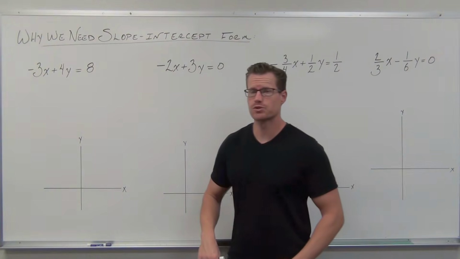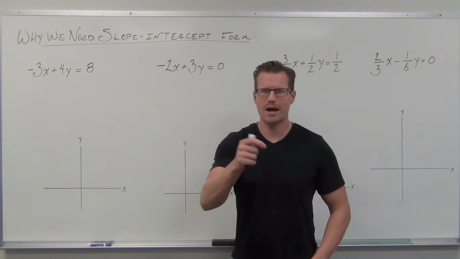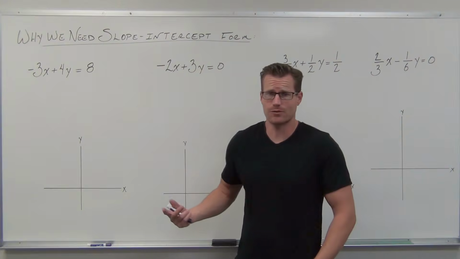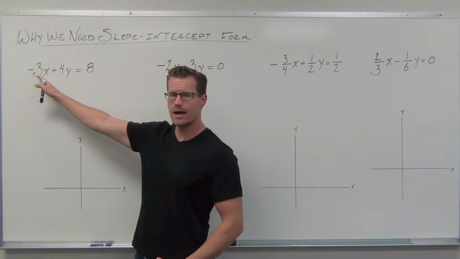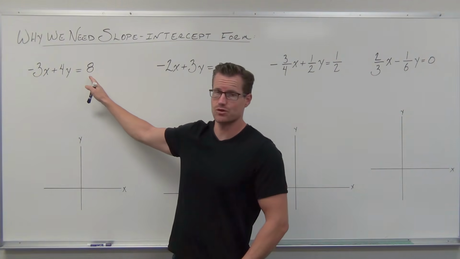So let's look at the very first one. Could you graph that with intercept method? Yeah, of course. You got all your variables on one side. You got a non-zero constant here. It looks really good.